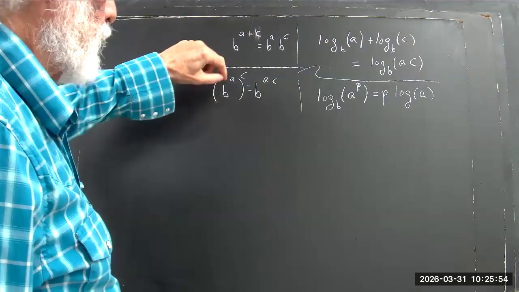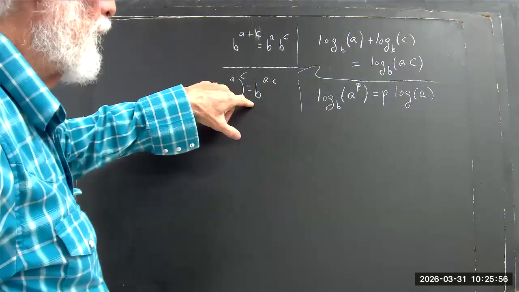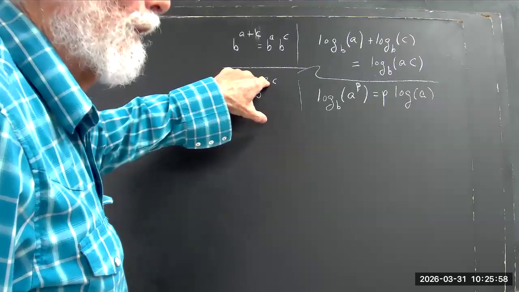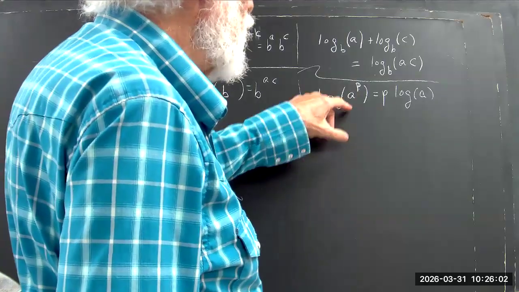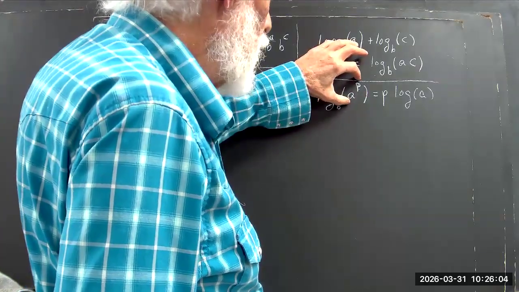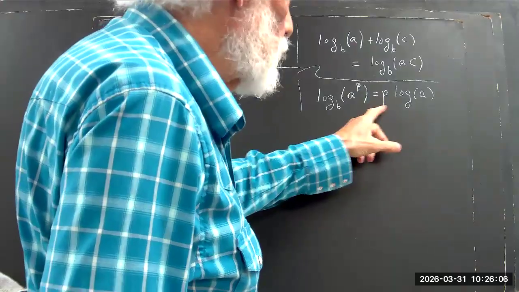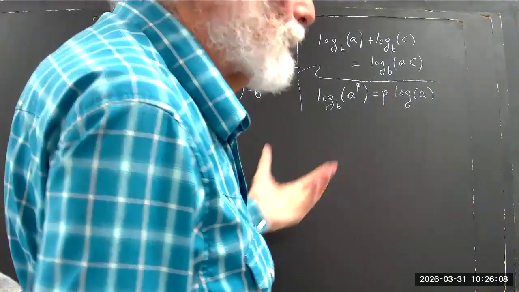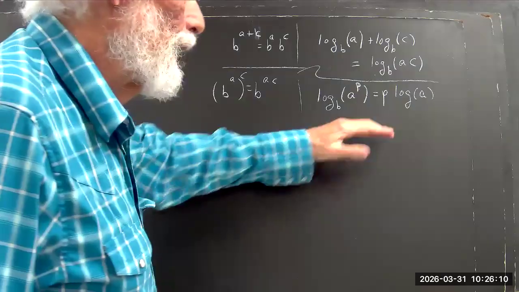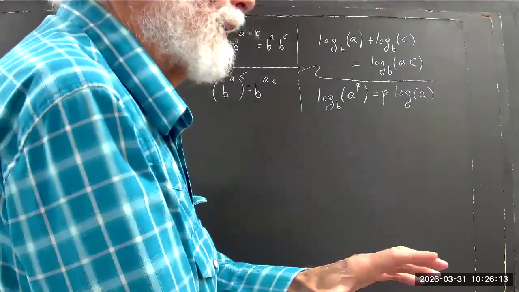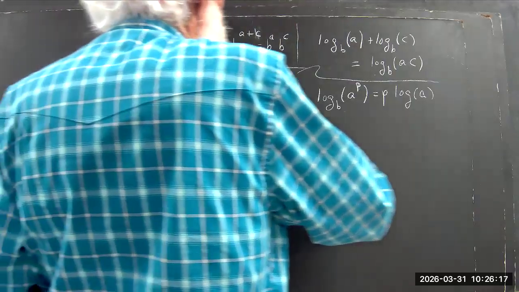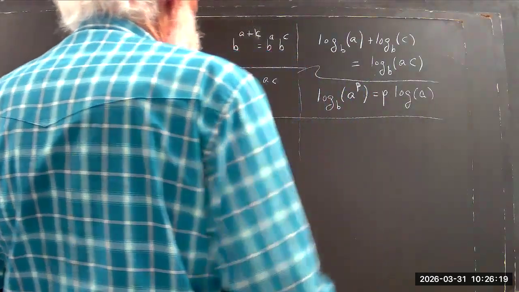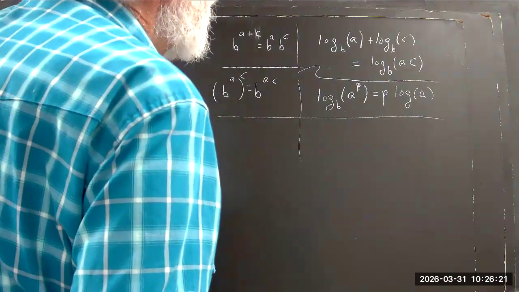The law of exponents, a power of a power, gives you the product of the powers. Here we have a raised to the p, which is a power of a. Here we have a multiple of the log of a. There's an analogy between these, and there's a fairly short path to explain why this is the case. Again, I'm not going to get into that explanation in this course.